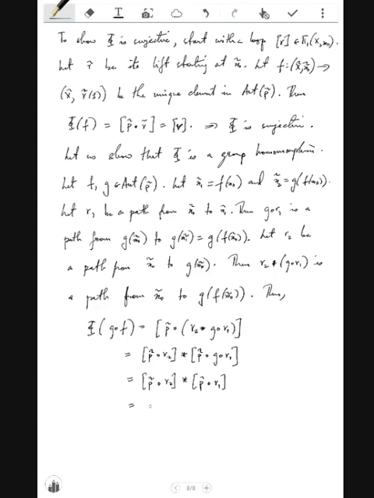And this is equal to phi of g star phi of f. So this implies phi is a group homomorphism.